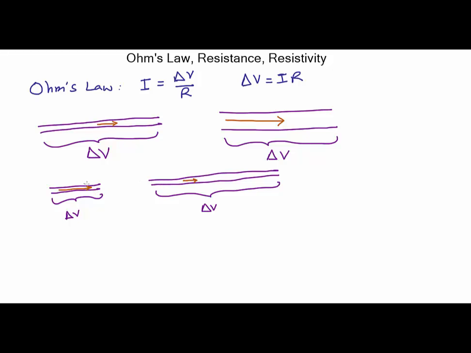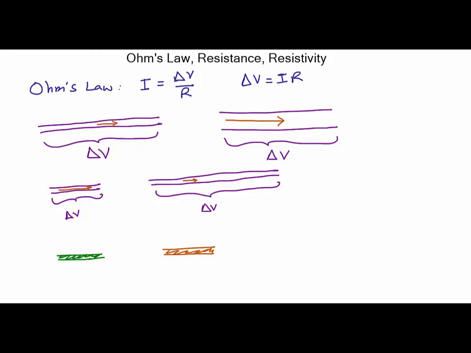So in the gravitational analogy, this is more like a steeper waterfall. It falls more in a shorter distance. And the third condition is what the material itself is made of. So if I have a wire made of copper, for example, and another wire made of iron, those would have different resistances.